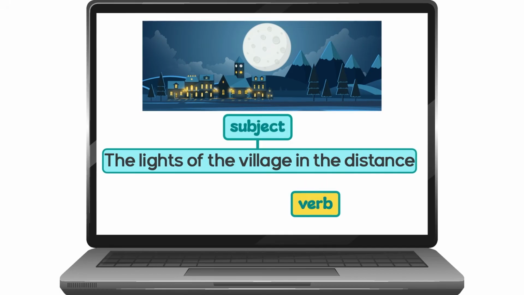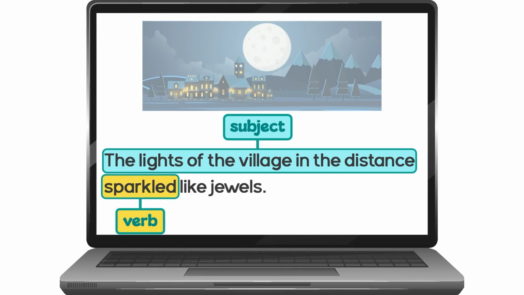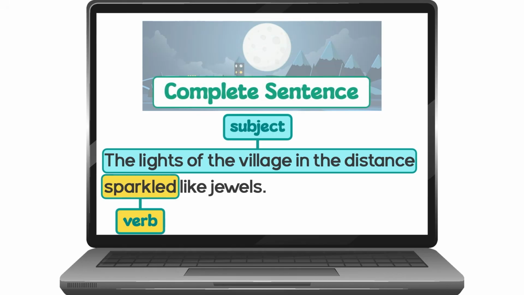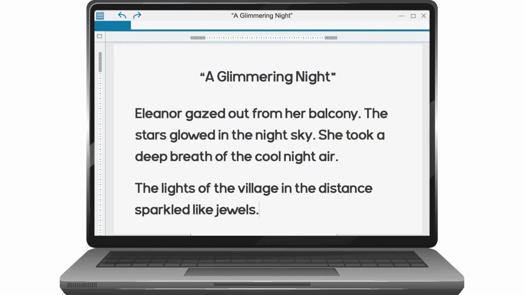We can add a verb along with a predicate to make this a complete sentence, like this. The lights of the village in the distance sparkled like jewels. Now we have a verb, sparkled, and a subject. So this is a complete sentence that expresses a complete thought. And you know what? This would make a great next sentence for my story.